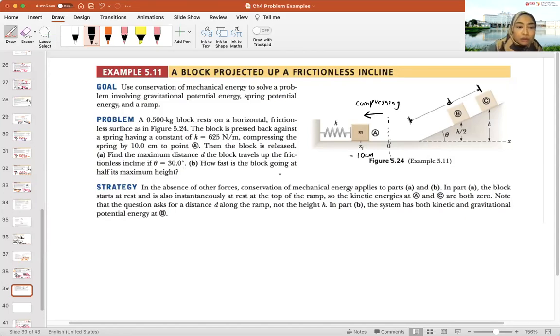How fast is the block going at half its maximum height? So let's ignore this question first. Kita nak tahu berapa banyak dia gerak sampai dia stop. It will need to stop lah if it is moving up an incline and kita define as some distance d.